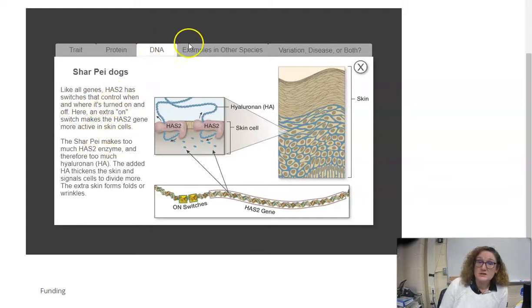So you're going to summarize a little bit about the switch, and the idea that if it makes too much of the enzyme, so it has too much of the protein, HA, then the skin gets really thick, and that's when you get all the extra folds. So these Shar-Pei dogs that have all this folded skin are making a lot of the HA, which means that the gene gets turned on for a long period of time.